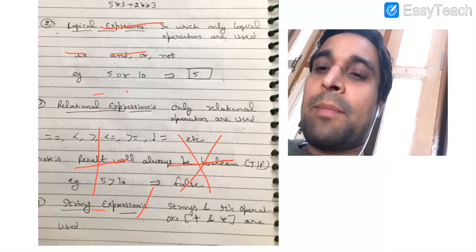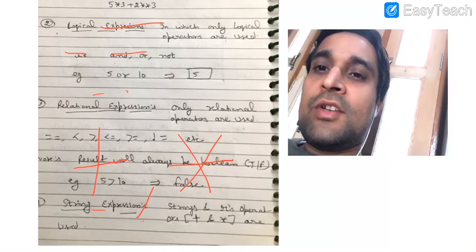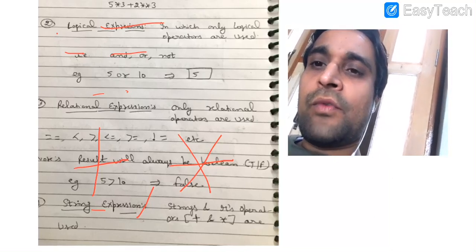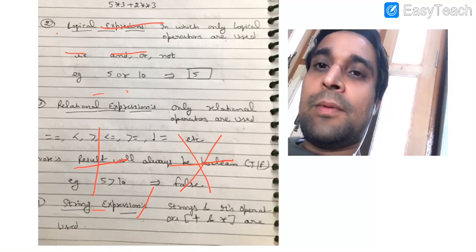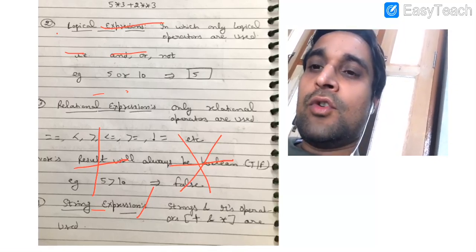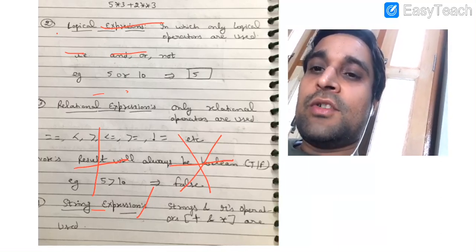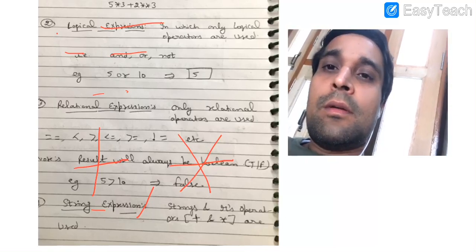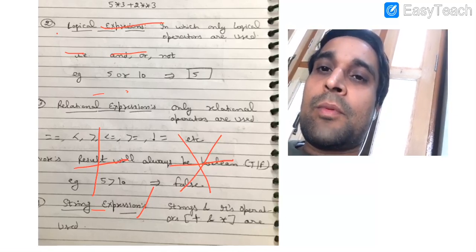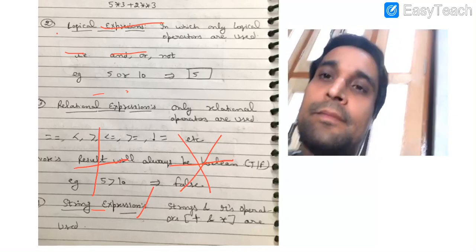Concatenation is represented by the plus symbol and replication is represented with the help of the asterisk symbol in Python. It means if we want to perform string concatenation, we use the plus symbol, and if we want to perform string replication, we need to use the asterisk sign in our expression.